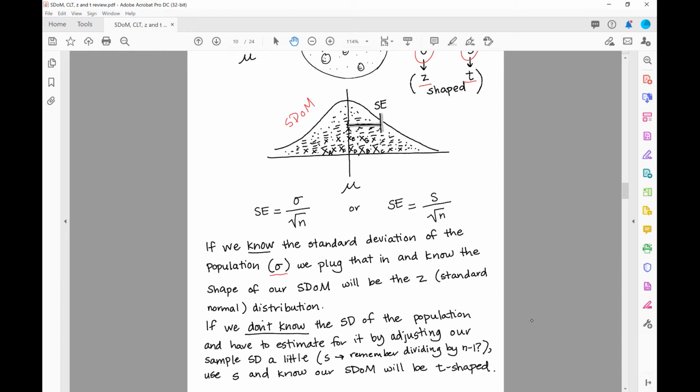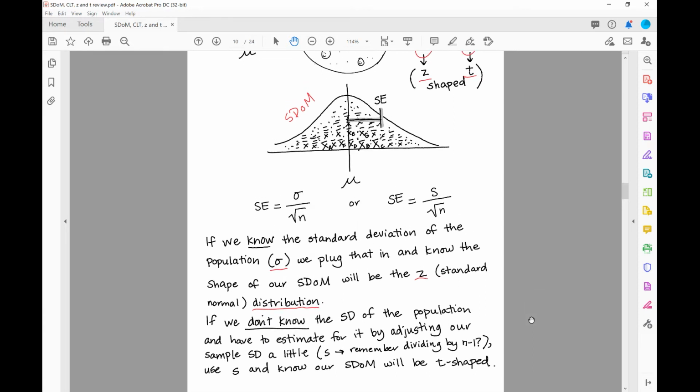Then we know that the shape of our SDoM will be the Z distribution, that standard normal distribution where the mean is always 0. One standard deviation up has certain qualities, one standard deviation down has certain qualities. The standard deviation we can set to equal 1.